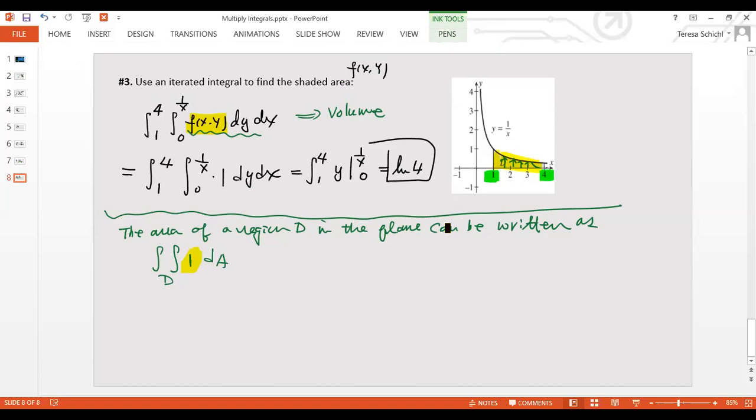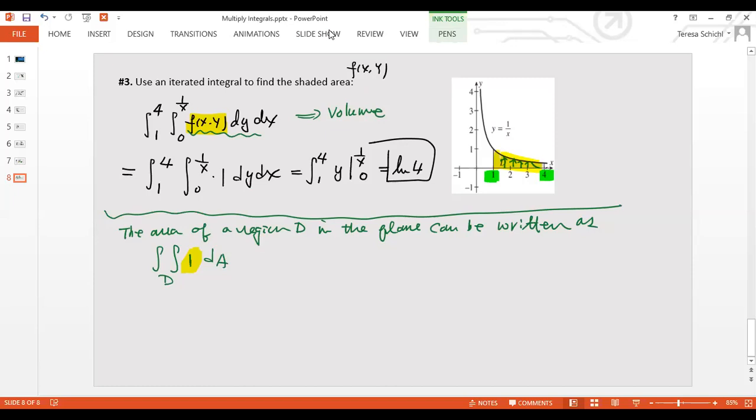You can take a look at your integration region, and based on it, figure out which way is easier for you to do the integration, x first or y first. Whenever you do that, your boundaries have to change with it, depending on the functions and which will be easier.